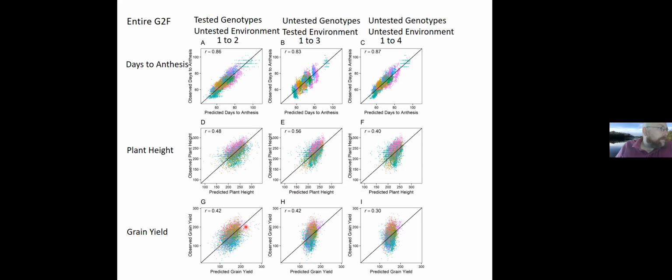For grain yield, we do obtain satisfactory prediction results for 1 to 2, but as the prediction scenario becomes more complex, our prediction accuracy starts to decrease, as well as the predictions start to cluster together. There's not much separation between the environments, which is unfortunate, but to some degree is expected as well. Grain yield is difficult to predict.